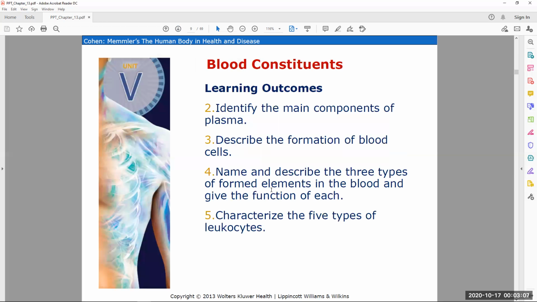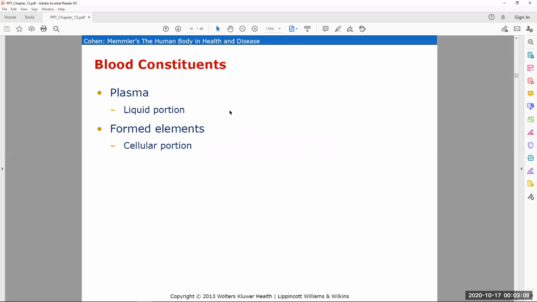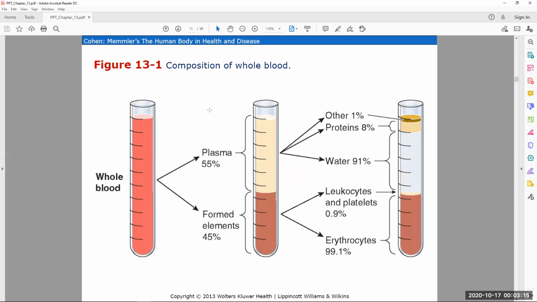So let's speak to some of the constituents. The liquid portion of blood is plasma, and it also contains formed elements, which refer to the cellular portions. If you look at whole blood, you would notice it consists of about 55% plasma and 45% formed elements. And what are these formed elements?